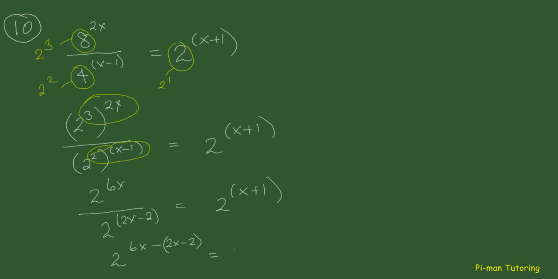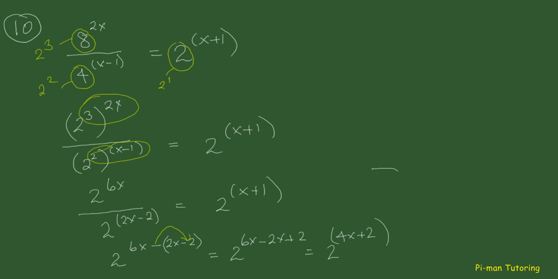We're going to simplify that into 2 to the power of 6x minus 2x, and then we have minus 2, and that gives us plus 2, which again we can simplify to 2 to the 4x plus 2.